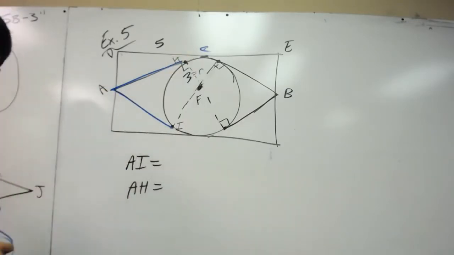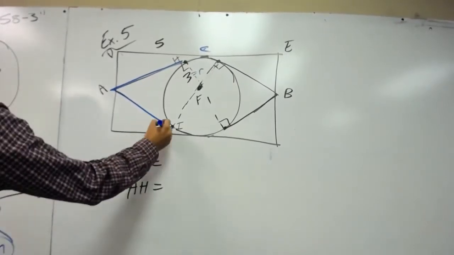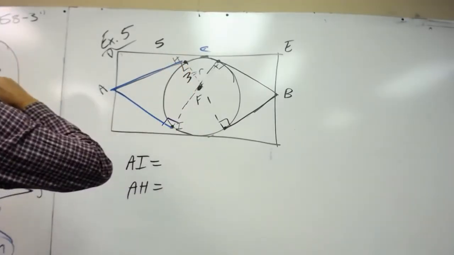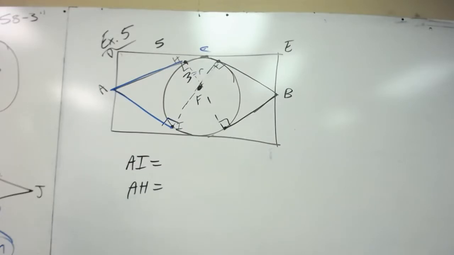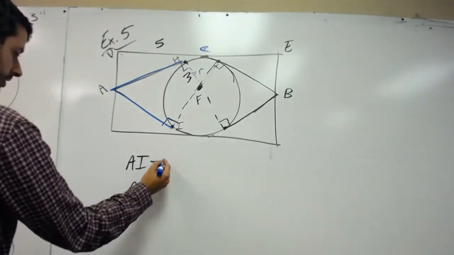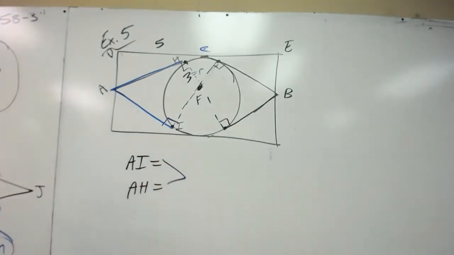Well, just at first glance, I noticed that AI and AH, they are actually perpendicular, so they're tangent and they meet at the same exterior point. So we know that these two are actually going to be the same. So therefore we only need to solve for one thing here.